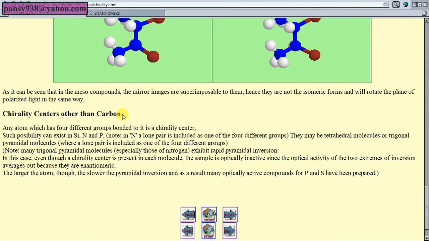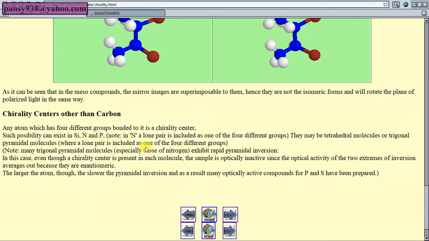For example, nitrogen, silicon, phosphorus, and even sulfur. They can form chiral centers, and they have chirality in their character.